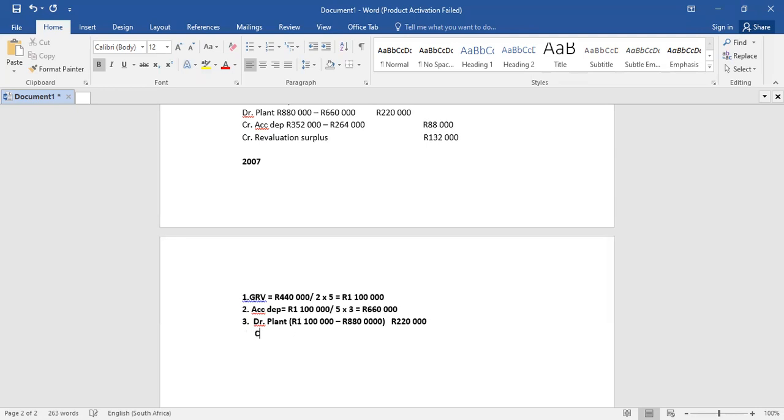Then you credit your accumulated depreciation. You do the same thing. I-depreciation yethu entsha, depreciation yethu entsha ubani? U-660,000 angithi. Minus i-depreciation endala le yayihamba ne-GRV yakhona kwakubani?